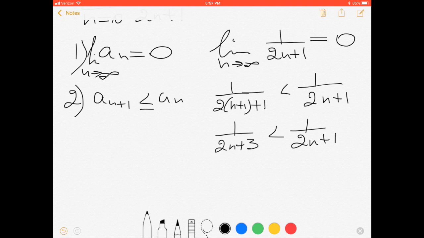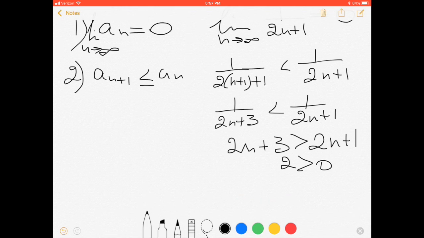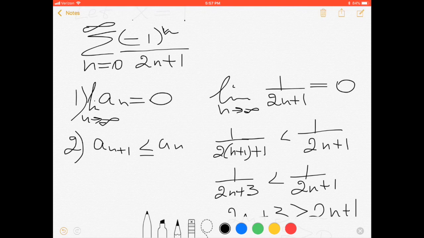It's true because you divide by a bigger number, since 2n+3 is greater than 2n+1, which means 2 is greater than 0. Both criteria work. This means this series converges.